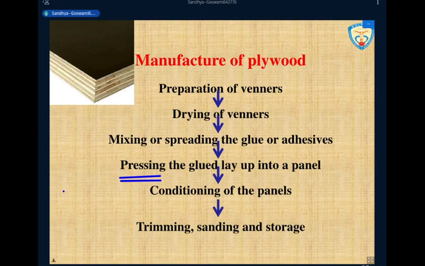Once pressed, we put the plies for conditioning. In conditioning, we want to give it a specific moisture content, right? It should be neither too dry nor too wet. So conditioning is important. After conditioning, as the plywood is ready, you have to trim it, sand it, and then it can either be sent to the market or stored. So these are the different manufacturing steps.